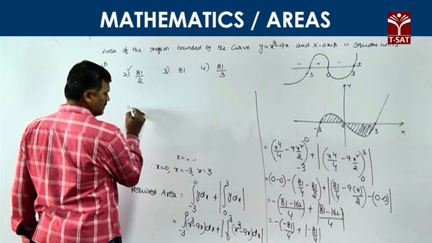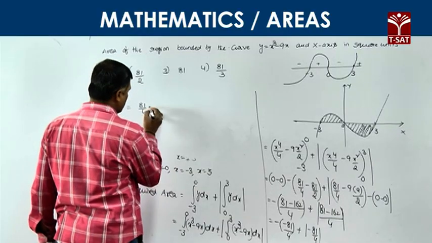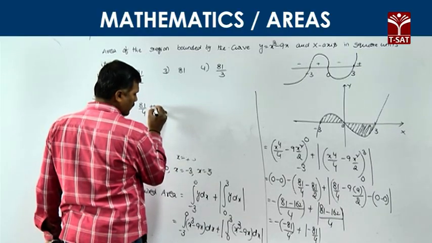Continuing, that is equal to minus of minus, plus 81 by 4. The modulus of a negative value is positive, 81 by 4.